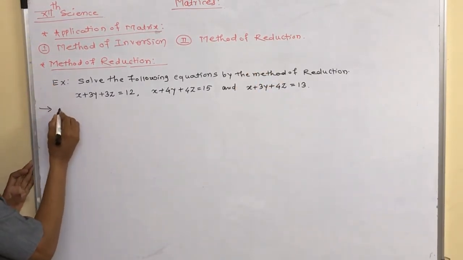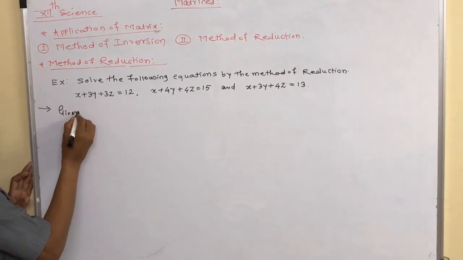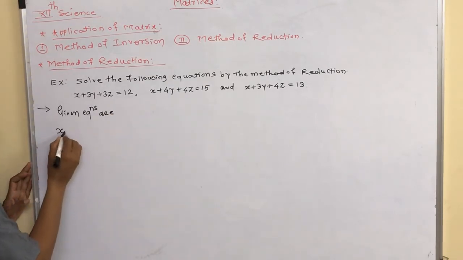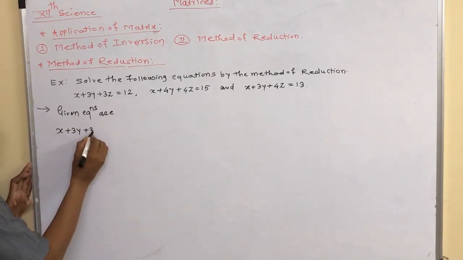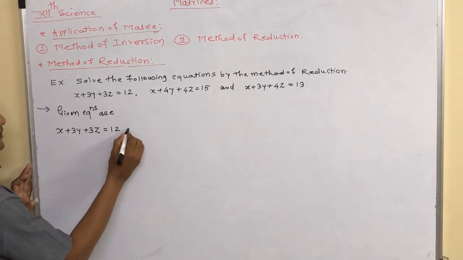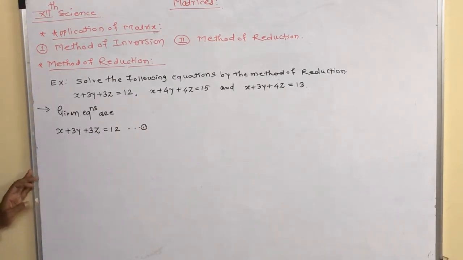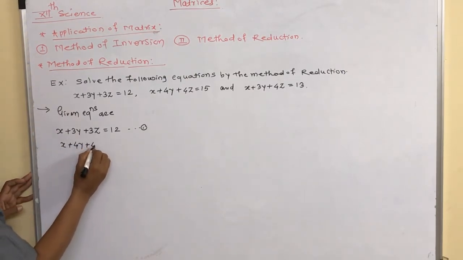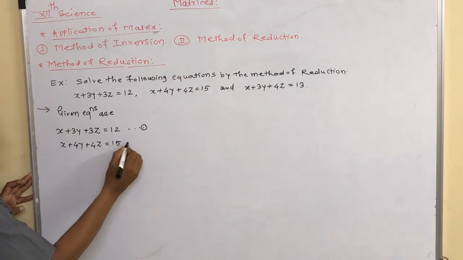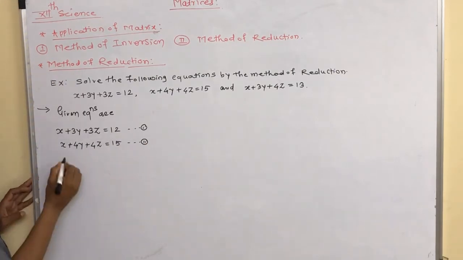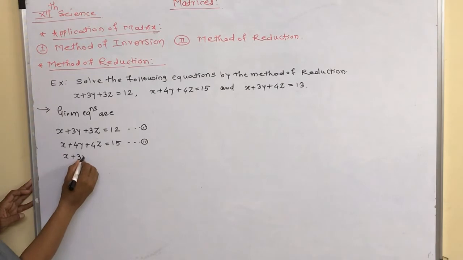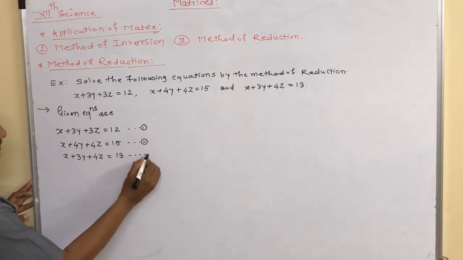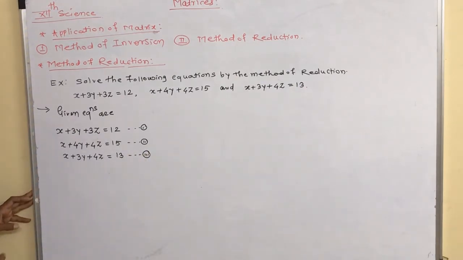Write down the given equations: x plus 3y plus 3z equals 12, number 1. x plus 4y plus 4z equals 15, number 2. x plus 3y plus 4z equals 30, number 3.